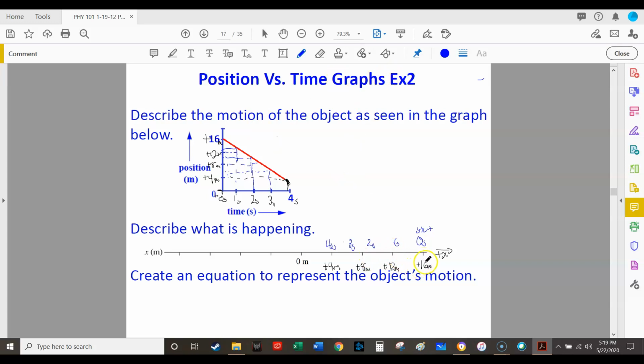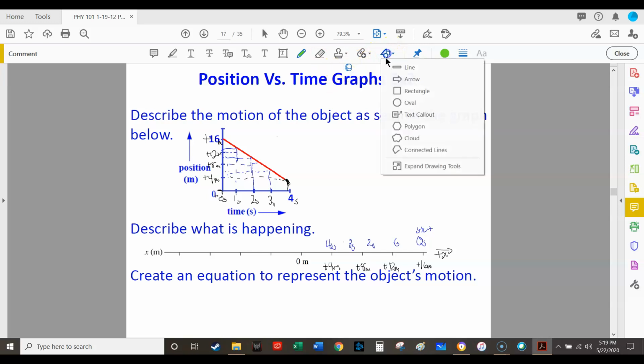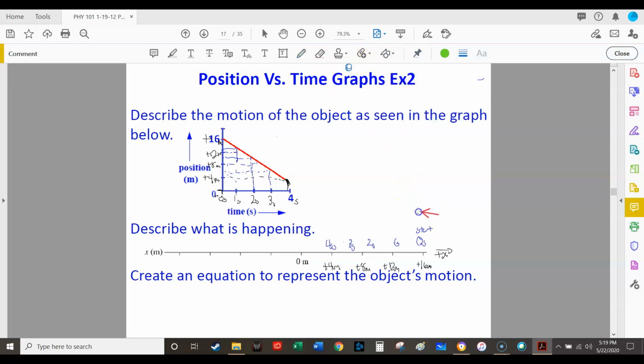So it looks like it's traveling to the left, and it's going to travel a total distance. I'm going to use a vector for this next part. So how far is that?